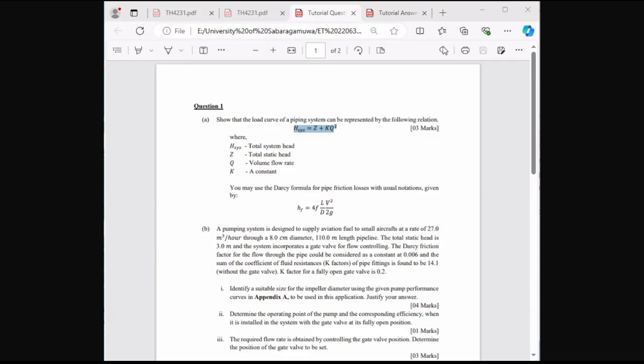Okay. In the first part, you need to derive this equation: H system equals Z plus KQ².